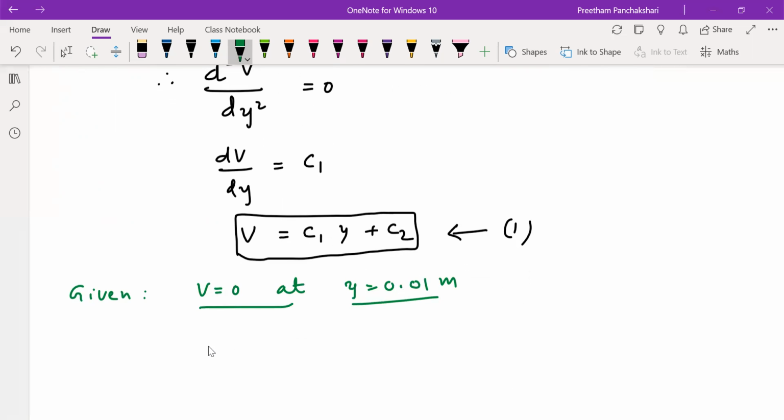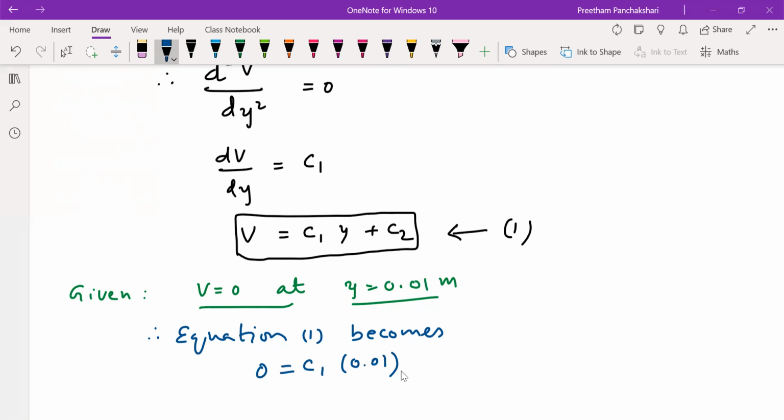Therefore, equation 1 now becomes 0 equal to C1 times 0.01 plus C2. So therefore, C2 is equal to minus 0.01 C1.